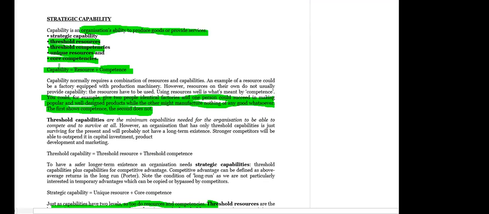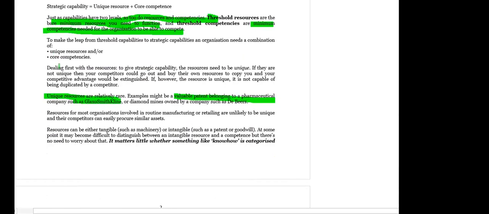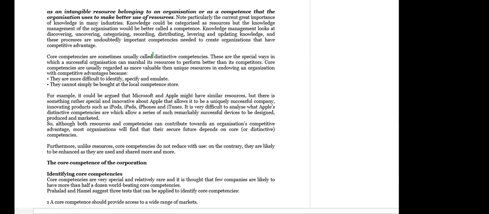While core competencies are those distinctive competencies, those clever ways of utilizing your resources in such a manner that your customers are satisfied in a better way, or you achieve a competitive advantage, a competitive edge over your competitors.